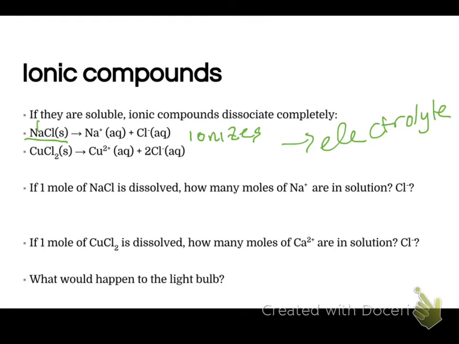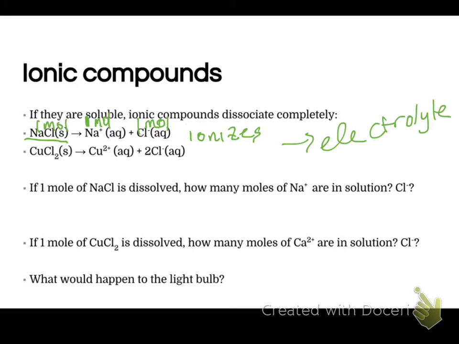Okay, so then let's think about this. If 1 mole of NaCl is used in the beginning, when it dissolves, 1 mole can be thought of as like 1 particle, right? So if we had 1 particle of NaCl, we would always get 1 particle of Na plus and 1 particle of Cl minus.